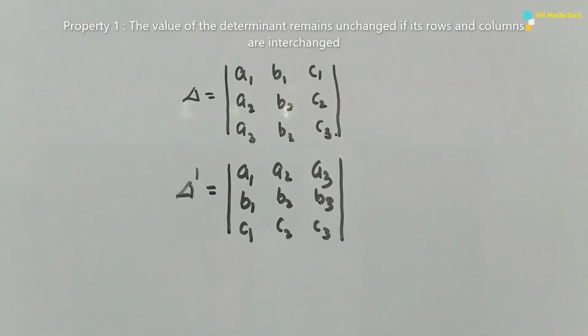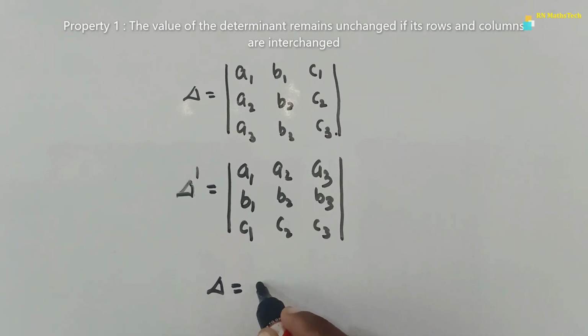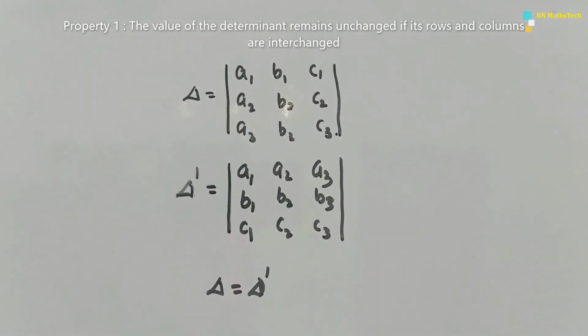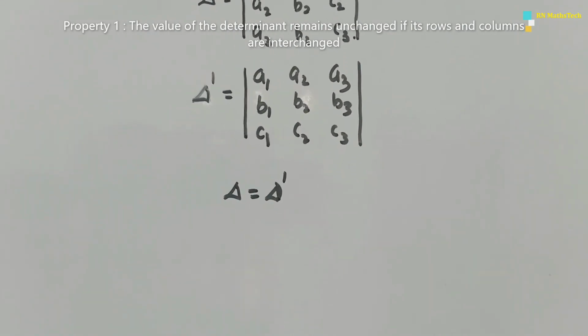If we expand these two determinants, we can see that this delta and delta dash are same. So delta is equal to delta dash. If the rows and columns of a determinant are interchanged, the value of the determinant does not change, or the value of the determinant is same.